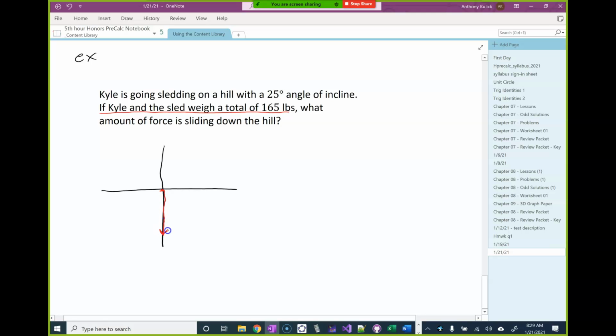So this is what I'll call my vector G. And that vector G is obviously then the component form 0, negative 165. Is everybody okay with that? For obvious reasons, everybody's okay with how I got the component form there, just trivially from drawing the picture? Okay.